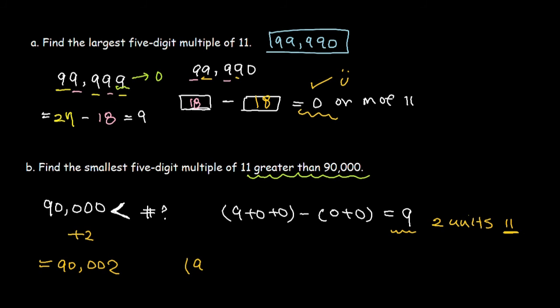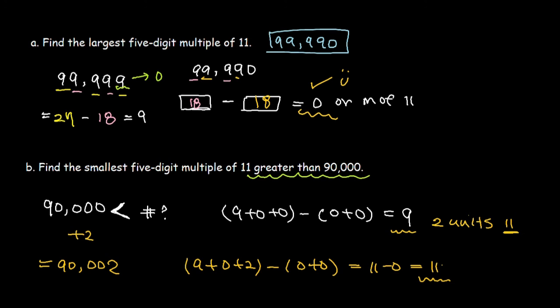So 9 plus 0 plus 2 minus 0 plus 0 gives us 11, and that tells us that 90,002 is divisible by 11. Because again, our rule says that we can either get 0 or a multiple of 11 as our answer, and 11 is a multiple of 11, because 11 times 1 equals 11.